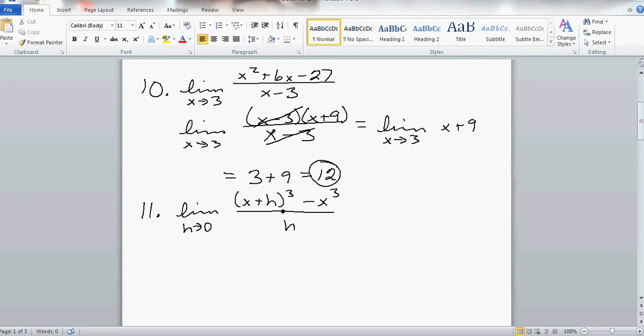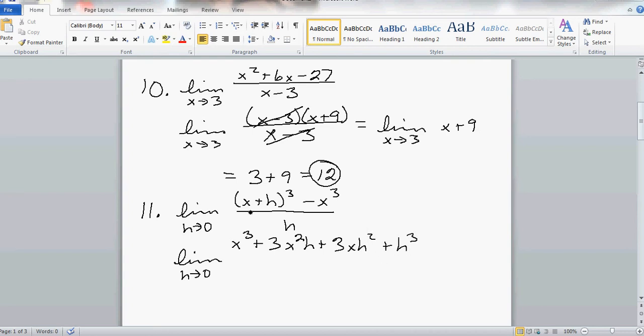So what we need to do is work with this and try and work on something a little bit better. So (x plus h) cubed. Now this may not be quite so straightforward, but this is what it equals: x cubed plus 3x squared h plus 3x h squared plus h cubed.